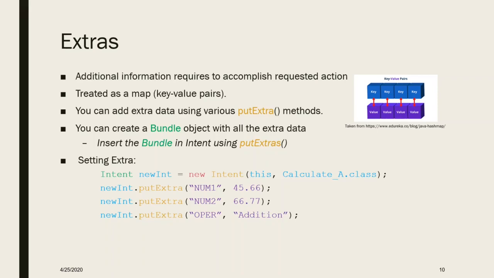There are several different forms of the putExtra method for setting extras, and the specific form of these methods will depend on the type of data you want to store. So for example, there's one form for storing a string, one form for storing an array of floats, and so on. You can also bundle this data using the Bundle data structure and use the putExtras method to set it.